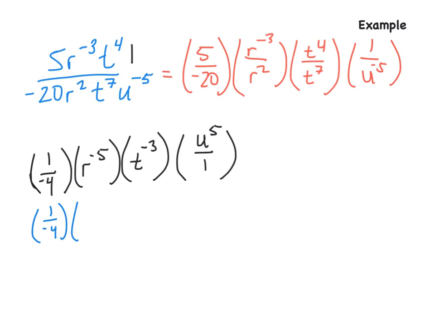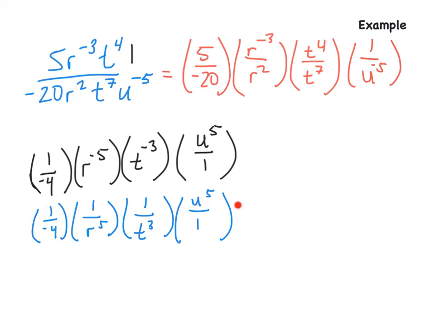Now r to the negative fifth, the reciprocal is 1 over r to the fifth. The reciprocal of t to the negative third is 1 over t to the third. And then we still have u to the fifth over 1. Now all of these are positive: positive 5, positive 3, positive 5. And this one doesn't have any exponents.